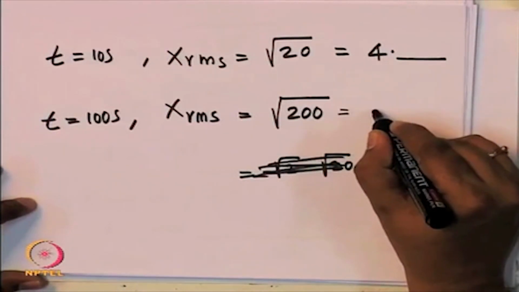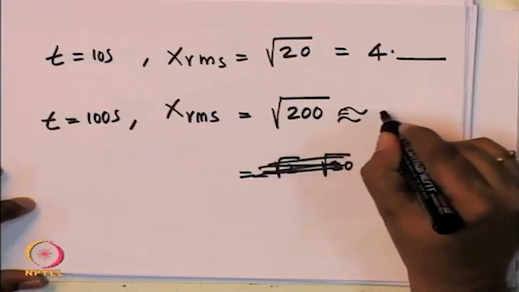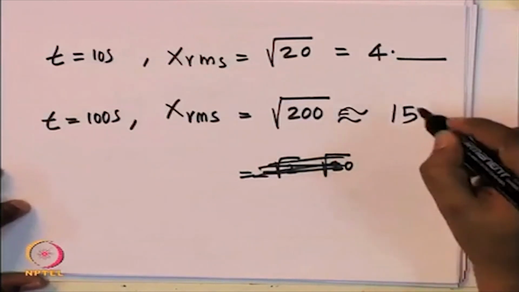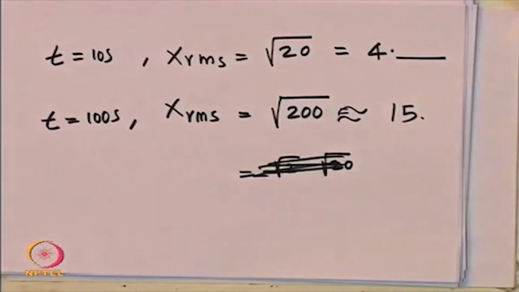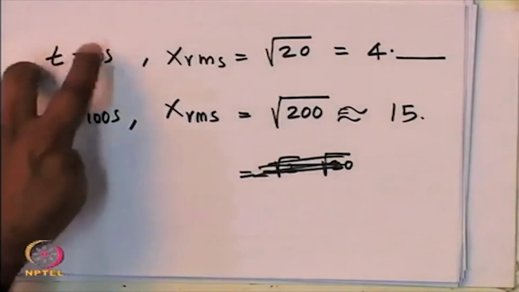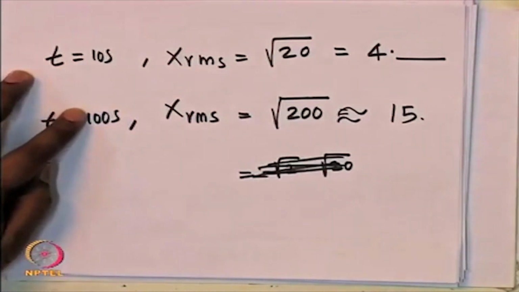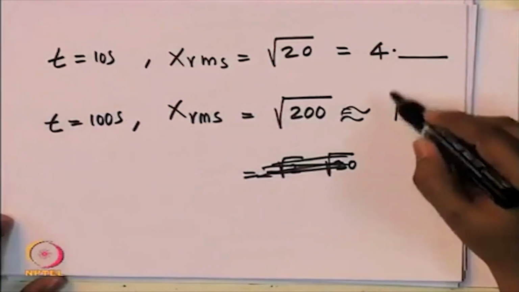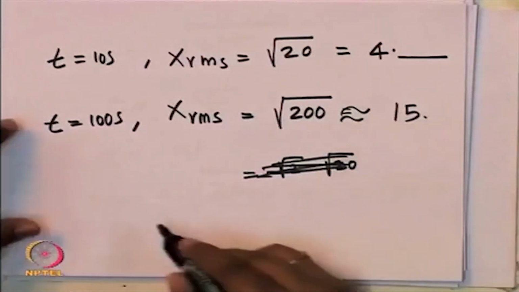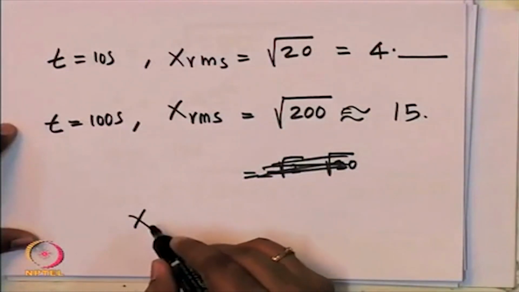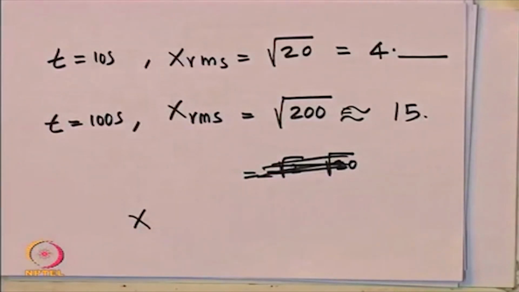So this is some number which is very little less than 15. Calculate this number yourself. Even though the time increased 10 times here, it did not travel 10 times, it only traveled much less than 10 times. So this is what it says: even though the time increases by 10 times, the distance travelled will be much less than 10 times.